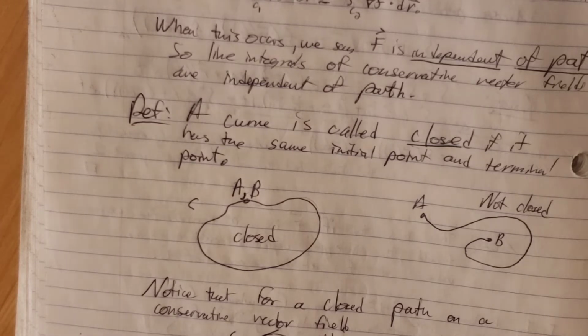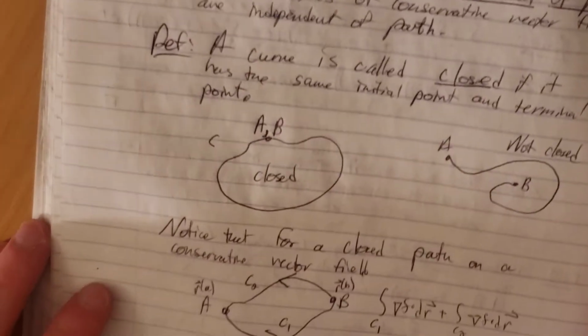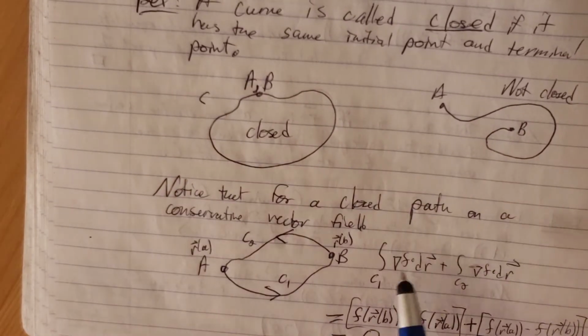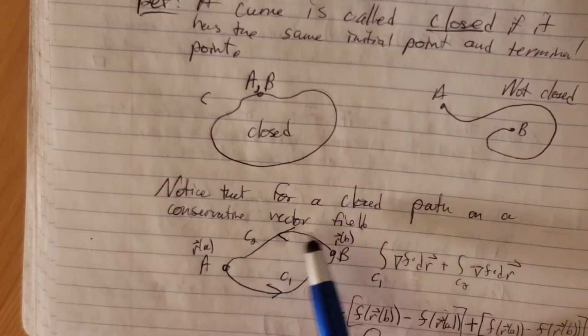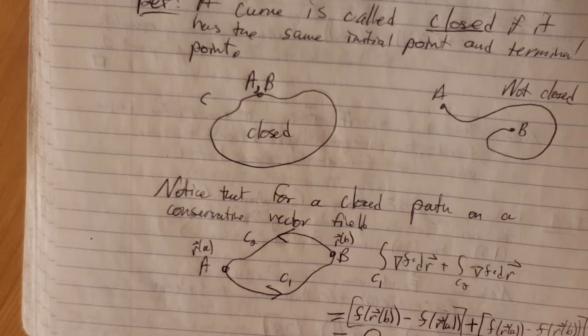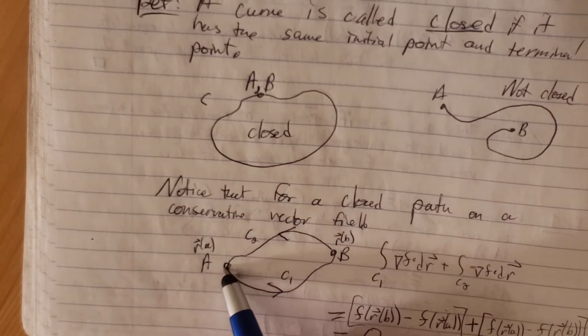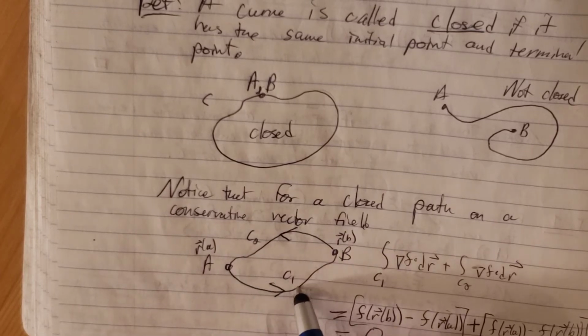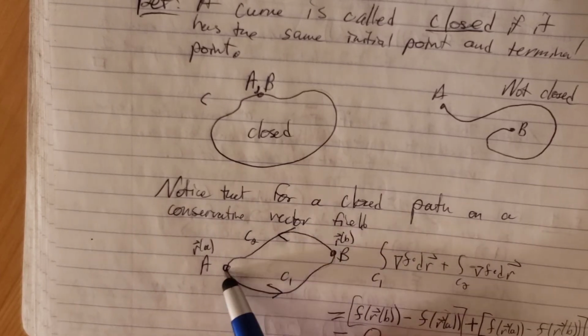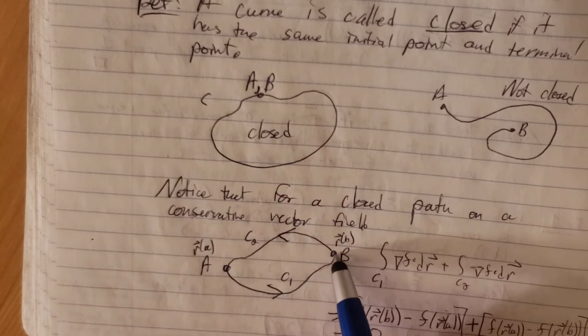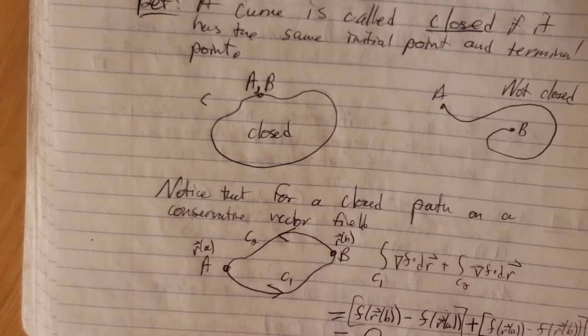Now, what we'd like to notice is that for a closed path on a conservative vector field, let's break this up. We have a closed path on a conservative vector field, and let's take some point A here and some other point B along this curved path.